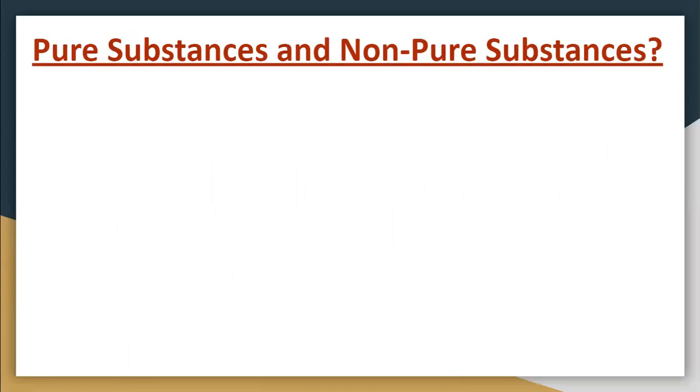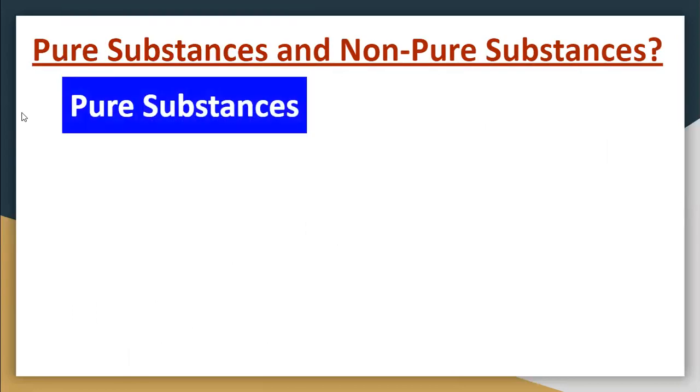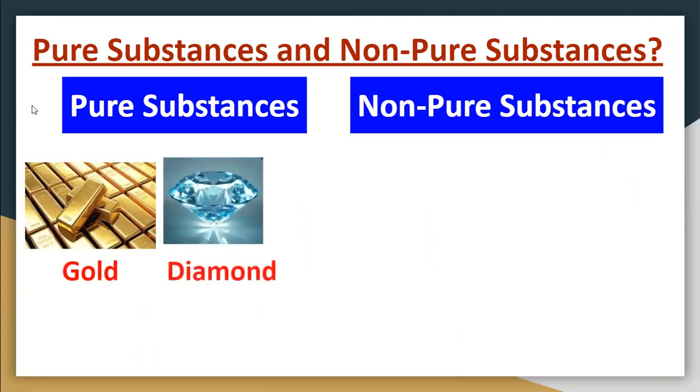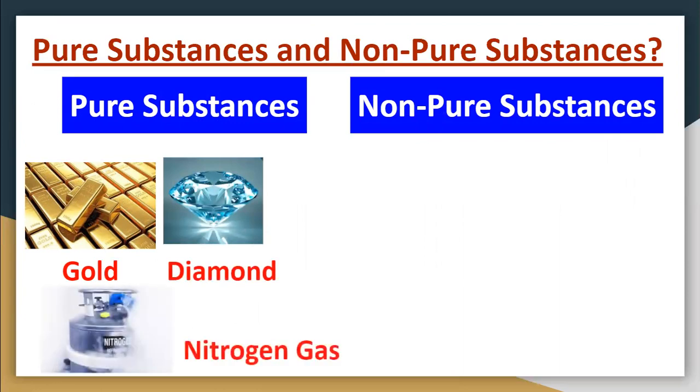Pure substances and non-pure substances. Let's look at the difference. So here are some pure substances. Gold is a pure substance. Diamond is a pure substance. Both of those are very expensive, by the way. And nitrogen gas is a pure substance.